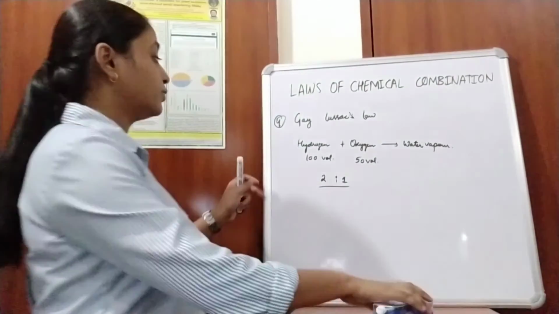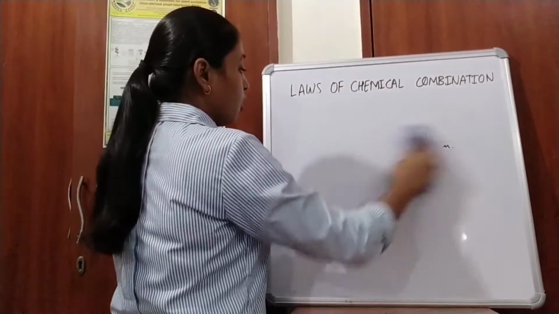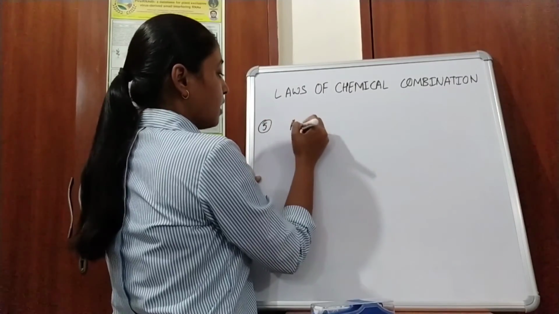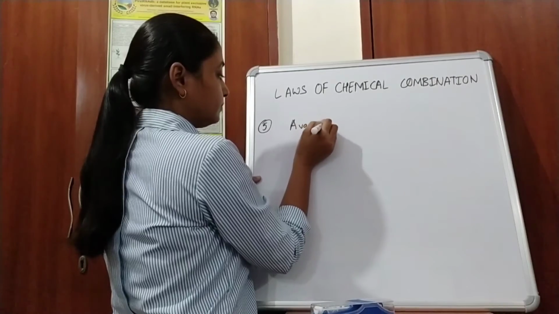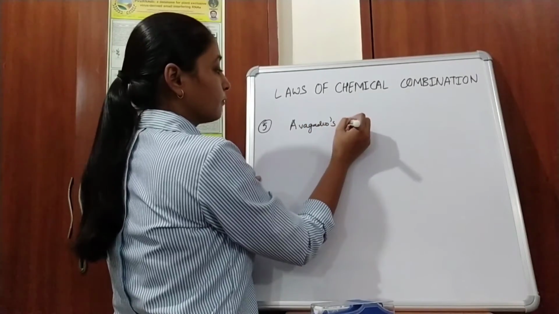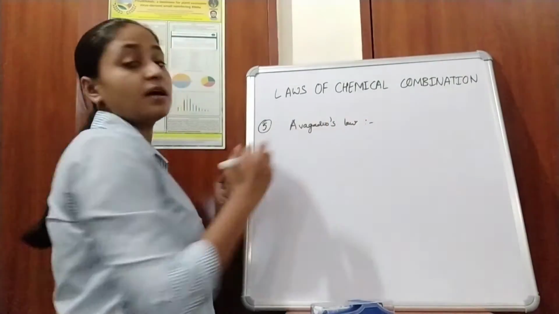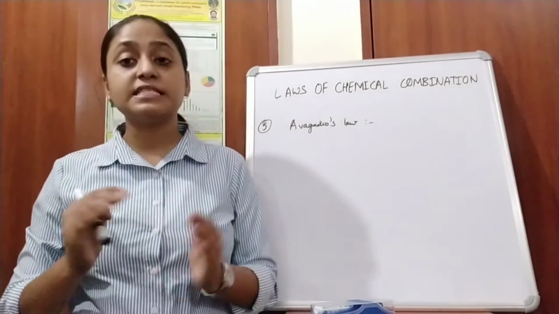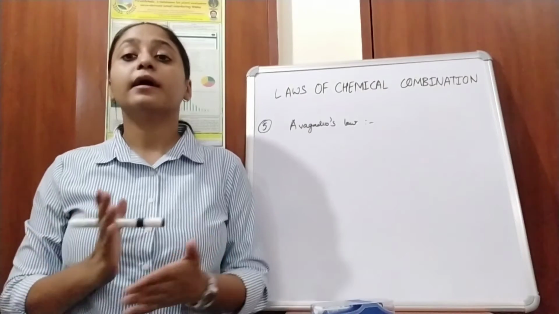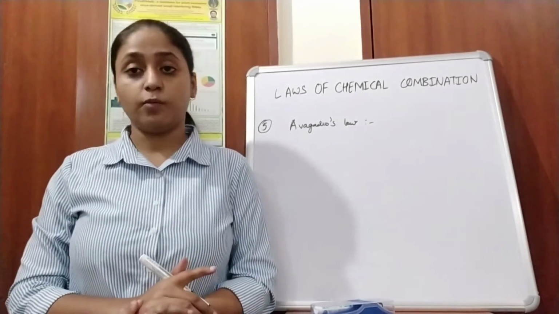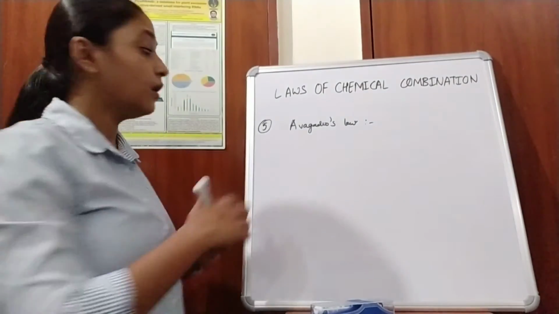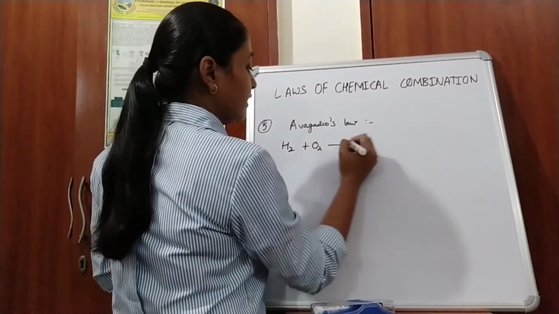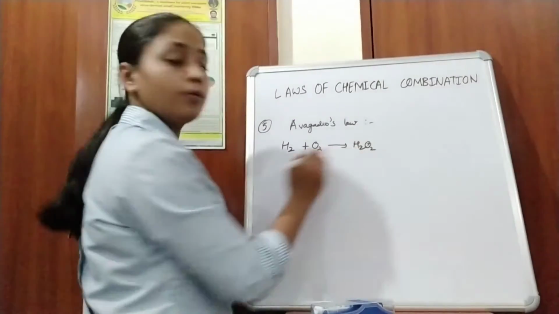Okay? So the next law, that is fifth law, is Avogadro's law. What does Avogadro's law say? That equal volume of gas at the same temperature and pressure contain equal number of molecules. Example, H2 plus O2 gives H2O2, right?